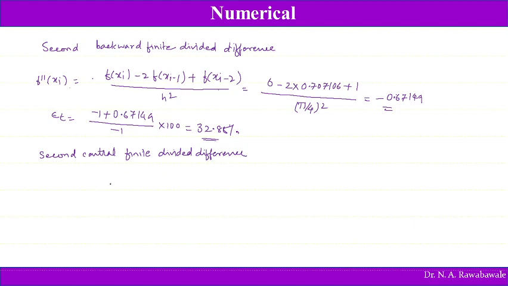This formula is like this: f double dash of x is equal to f of xi plus 1 minus 2 f of xi plus f of xi minus 1 divided by h square.